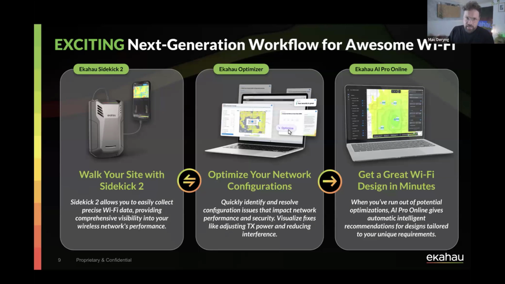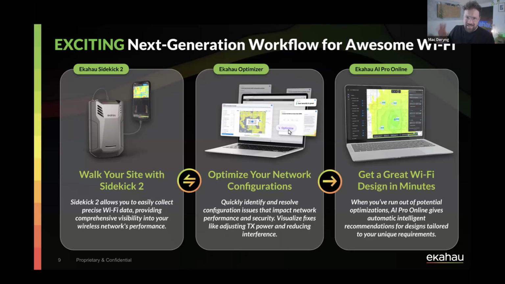I would risk saying that using Ekahau Optimizer, even if you don't have a PhD in Wi-Fi, will help you solve 90% of Wi-Fi issues in your existing network, okay? That's a lot. And if you can't really sort something out with the configuration changes, that's where Ekahau AI Pro Online comes into play. You can use Ekahau AI Pro Online to work with your measured data without drawing anything, no walls, no attenuation areas.